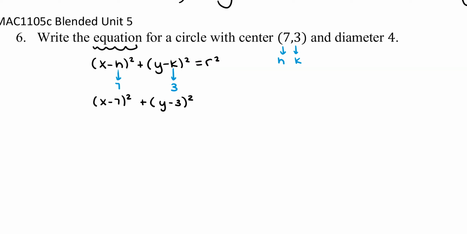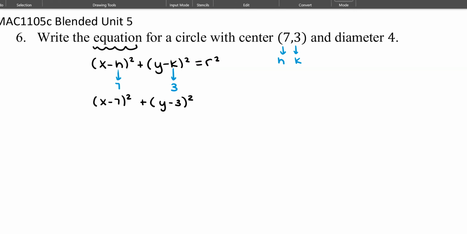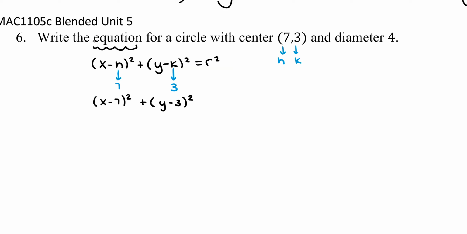Now for r, they didn't give us r, they gave us diameter. So the diameter of a circle is the distance straight across through the center. So if this whole thing is 4, then each side is 2. So my radius is equal to 2.